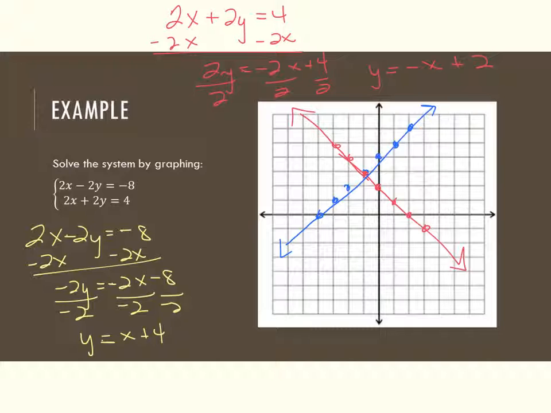Okay, they crossed at negative 1, 3. That is our solution. So everything else here, all of this is all work. Even the graph is work. Everything here is work, and you need to show your work. This is your solution. You need to also make sure you show your solution.